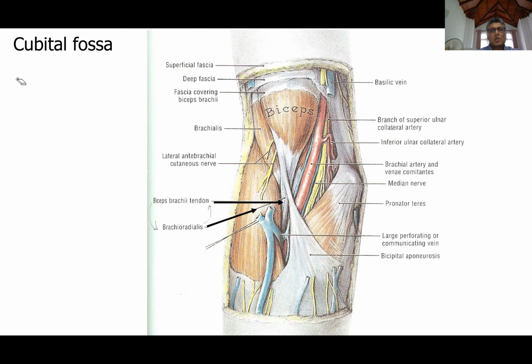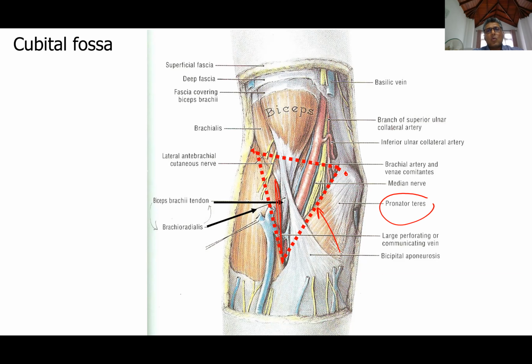Then about the cubital fossa. So this is your cubital fossa. It is defined as an area bounded proximally by a line passing between the two epicondyles of the humerus, the medial and lateral epicondyles. That is the base. Then the triangular area: the medial border is formed by the lateral border of the pronator teres muscle, and the lateral border is formed by the medial border of the brachioradialis muscle.